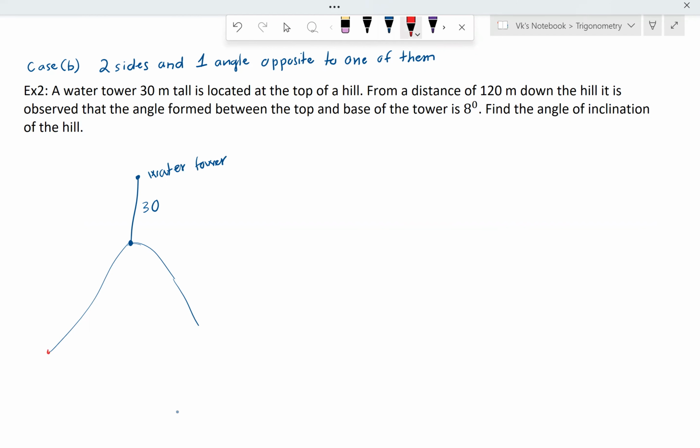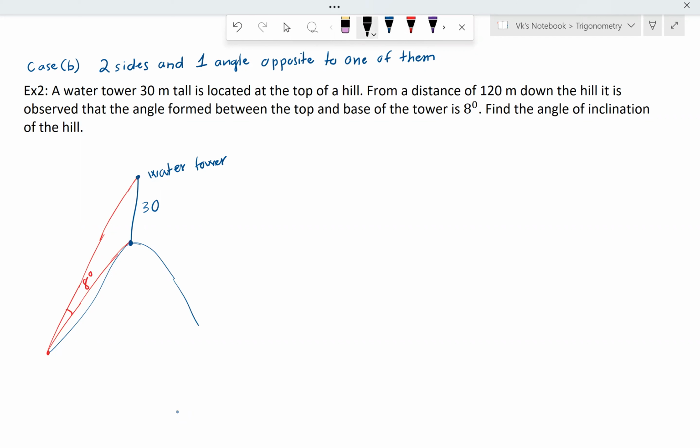From the description, we know that there are two angles. One of them is the angle between the base and the top of the water tower. This angle is 8 degrees.